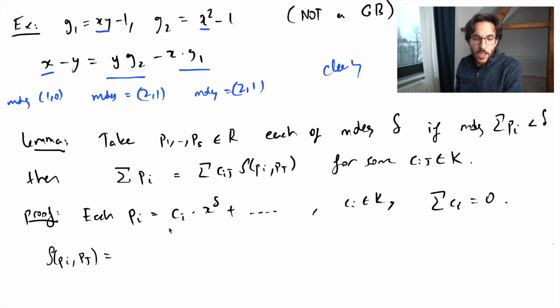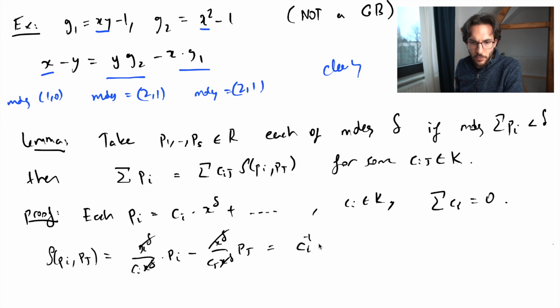The leading term of p_i is just c_i times x^delta, so the least common multiple of these terms is just going to be x^delta. So I have x^delta divided by c_i x^delta times p_i minus x^delta over c_j x^delta times p_j. So okay, these things cancel. I have c_i inverse p_i minus c_j inverse p_j.